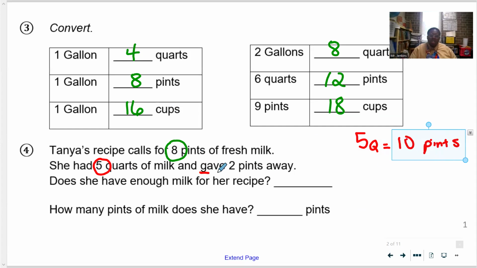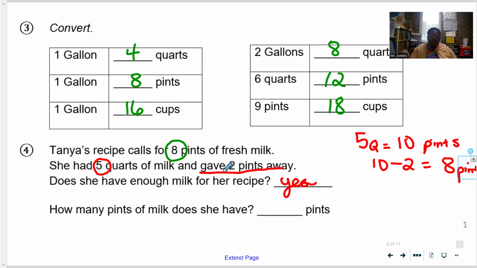But then it says she gave 2 pints away. So she had 5 quarts, which is the same thing as 10 pints. She gave 2 pints away. That would leave her with 8 pints. So does she have enough for her recipe? Yes, she has exactly enough pints of milk for her recipe.